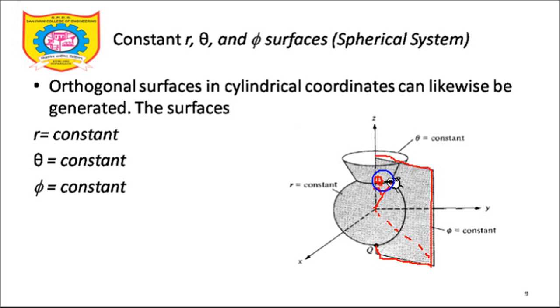To the observer, phi is constant, and theta is varying as well as r. So the radius is varying and theta is varying. That means it is the r-theta plane, or the phi equal to constant plane. So the phi equal to constant plane is also called the r-theta plane.